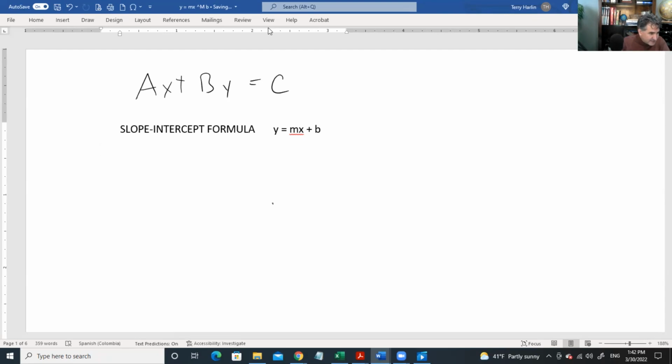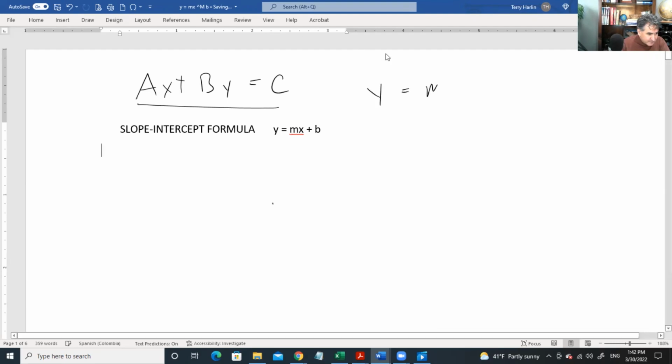The y and the x in both of these formulas are the same. There is no apparent m or b in the standard formula, so if you have to convert it, you can convert from y equals mx plus b to the standard form, or convert it to y equals mx plus b.